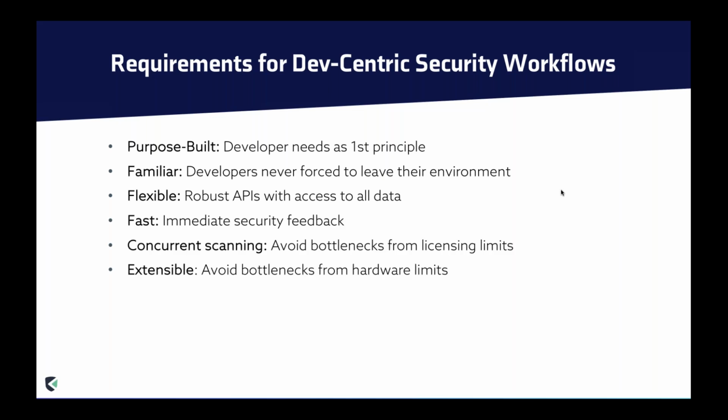But there's a couple of technological precursors that you really need to have in order to be able to implement something like this. We talked about how in the feature bug model with unit testing, you get that immediate feedback. Well, that's really about scanning speed.